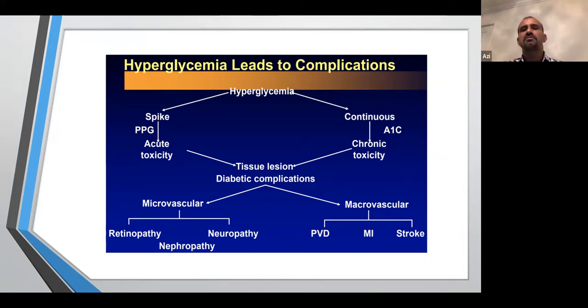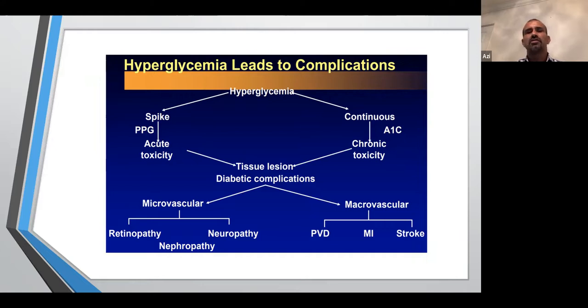Essentially, ketoacidosis is mostly common in type 1 diabetes, which we are not discussing during this discussion. The chronic toxicity is measured by hemoglobin A1C levels.